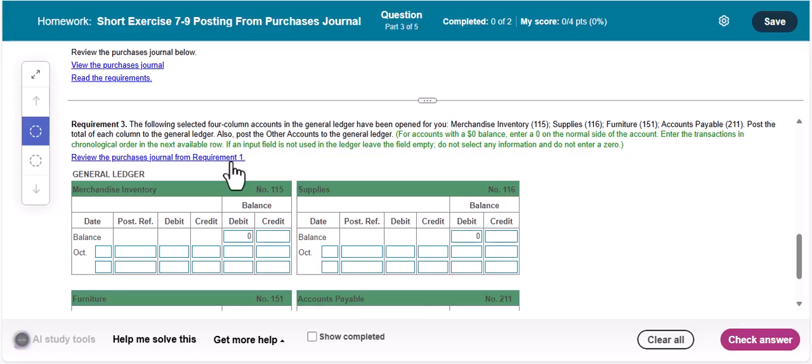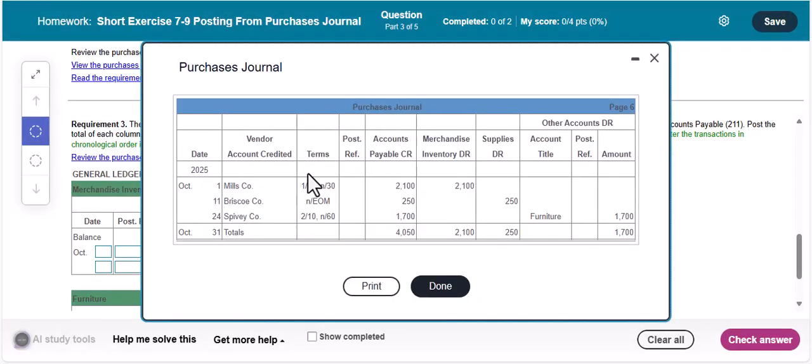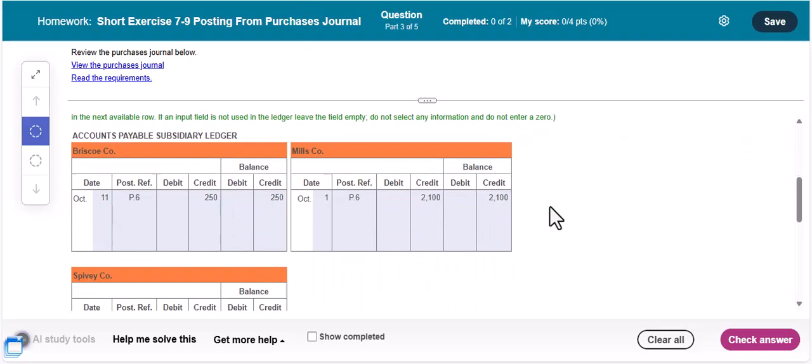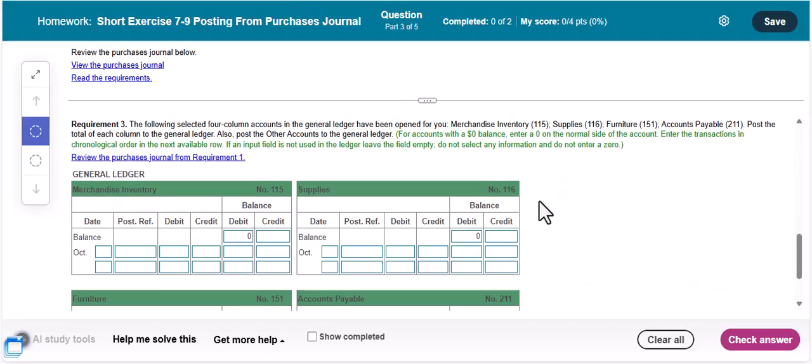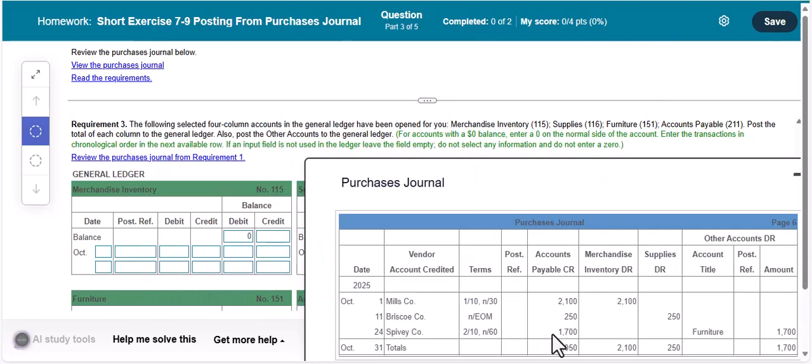Now this link is nice and handy here on the homework. However, because this link is technically part of the solution, it's not going to be here on the test, so you'll have to scroll back up to the first requirement to get these balances. However, since we're doing the homework, we will take advantage of having a link. So here's what I recommend you do.